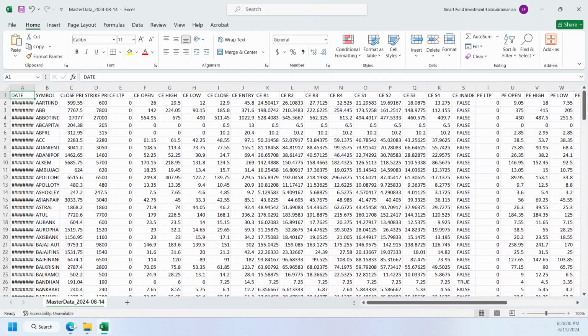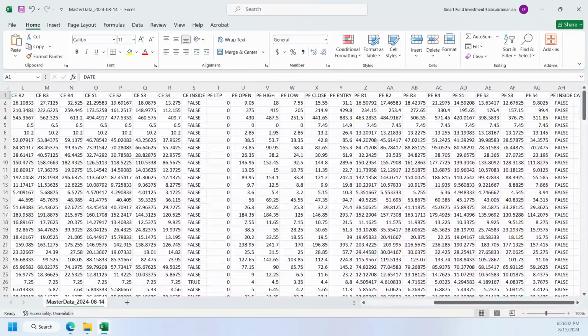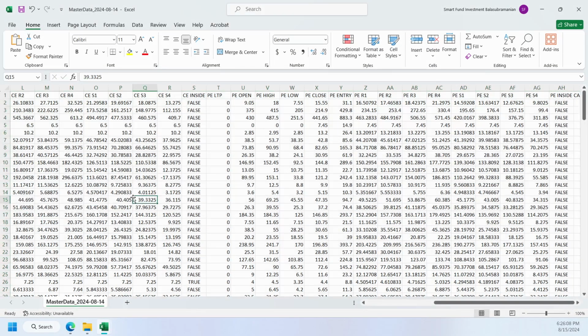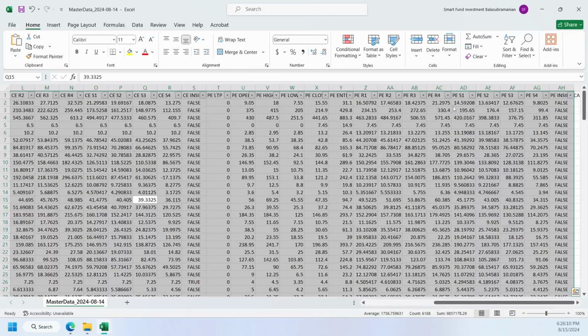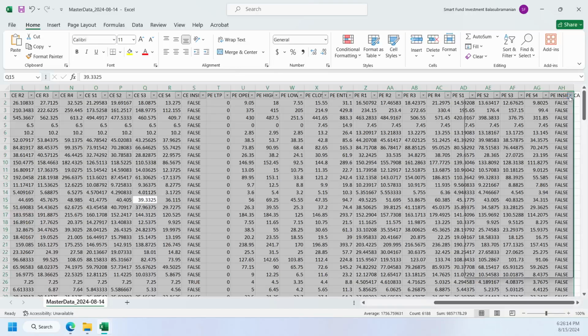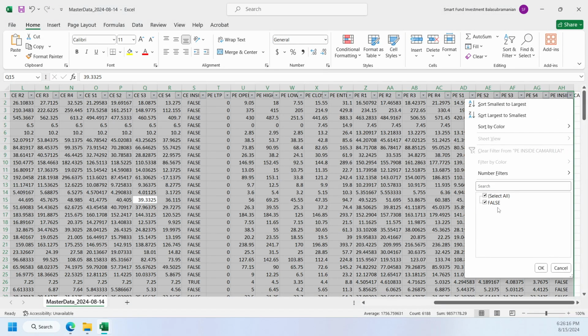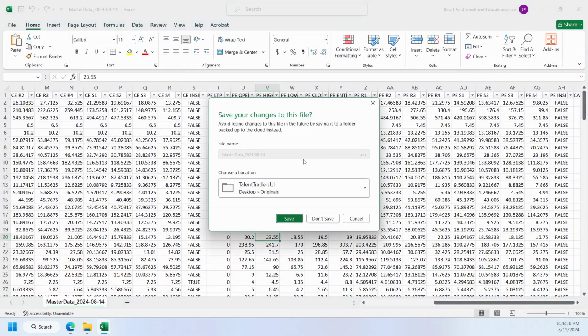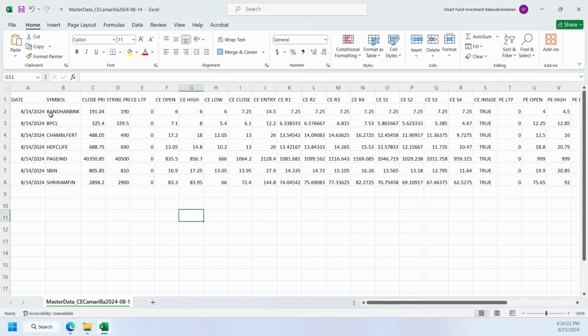There are total strike prices, and let me check the put side. Any prices? I think on the put side there are no stocks, so that's why we don't get it. But on the call side, we have some stocks. These are the strike prices, and let me check whether it is exactly inside between the previous day.